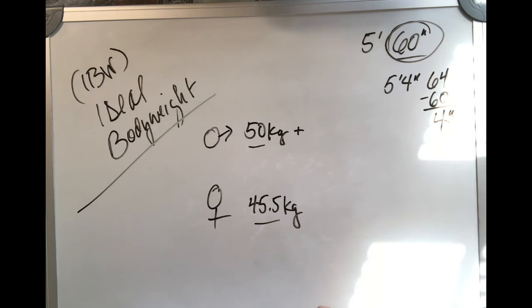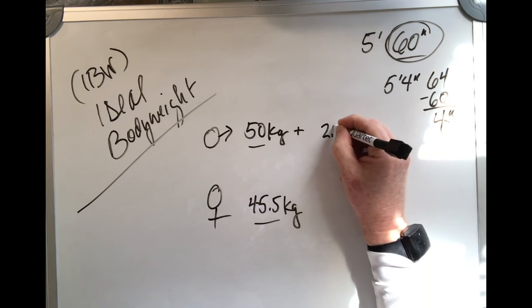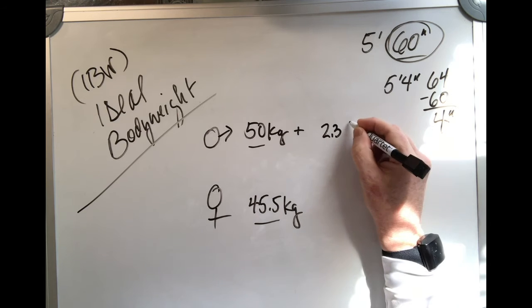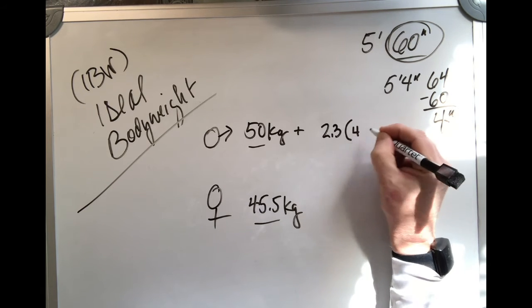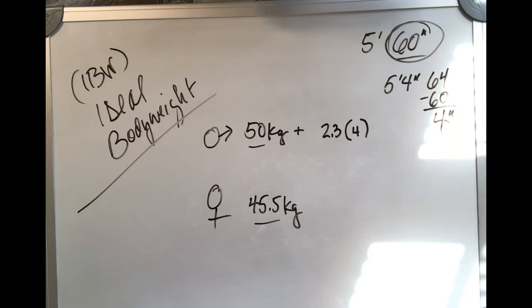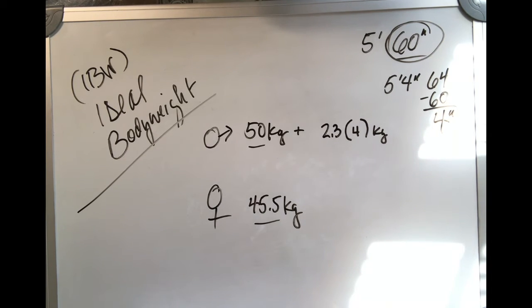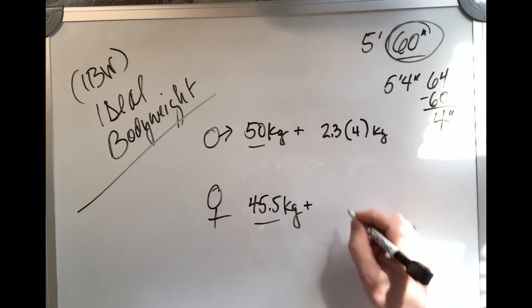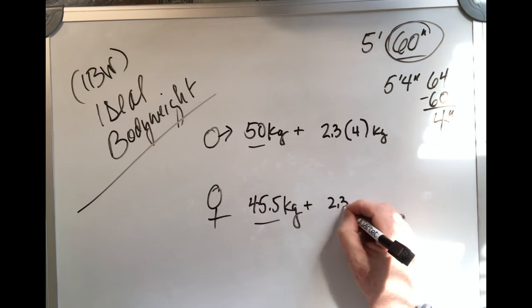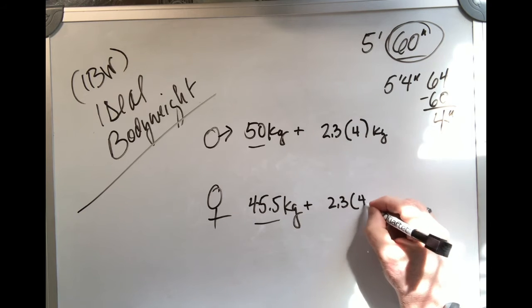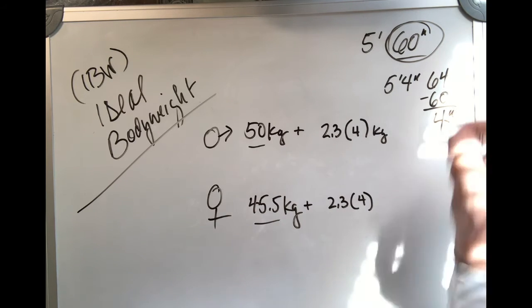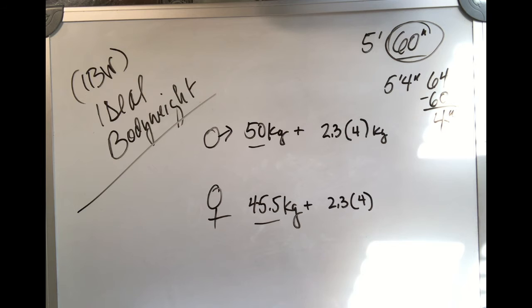Then I'm going to take 2.3 times 4 inches, and this is going to give me a kilogram number as well. Same thing with the female patient: 2.3 times 4 inches, because I'm 4 inches above 60, I'm 64 inches, and that's going to give me kilograms as well.